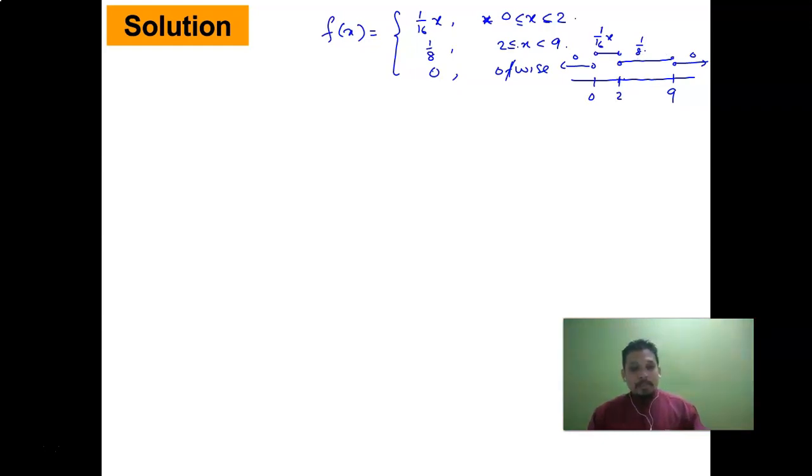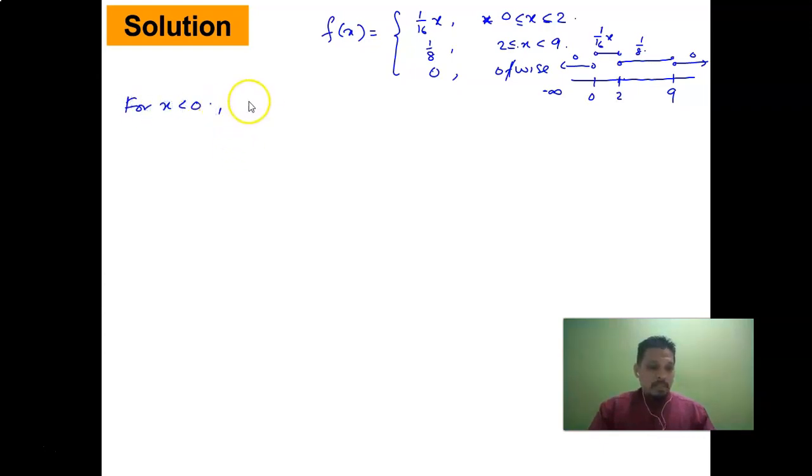Now the question wants us to obtain the cumulative distribution function of f(x). So we take the first case, from negative infinity until 0, for x less than 0.